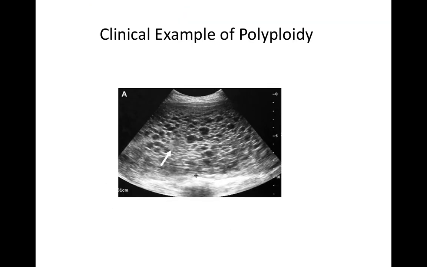Can we have a clinical example for the polyploidy? There is a condition which can present by a female who was pregnant, and then she started to have bleeding.